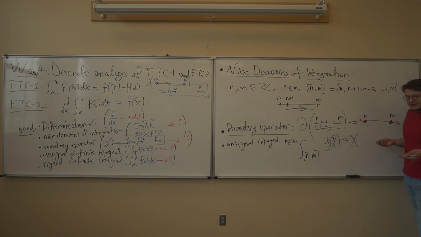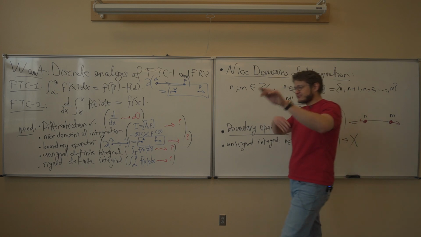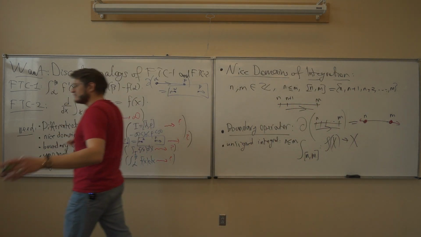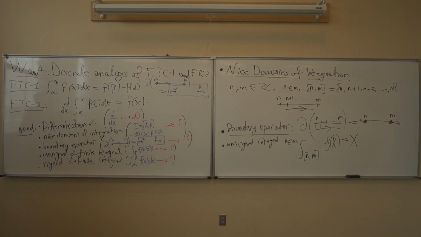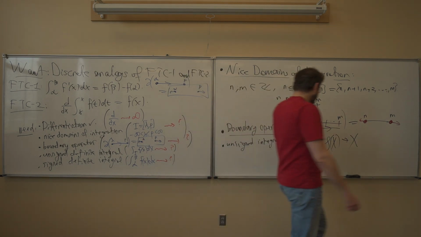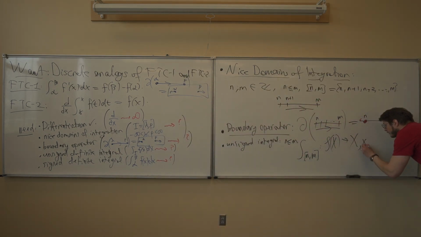So I don't need to worry about lower Darboux sums, upper Darboux sums, Riemann sums, and taking limits over partitions, whatever. Because I already have one fixed resolution set for my situation. And so given an x, its integral is going to be the sum from n plus 1 to m.